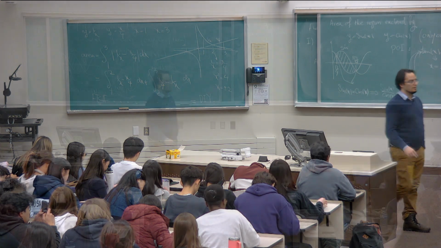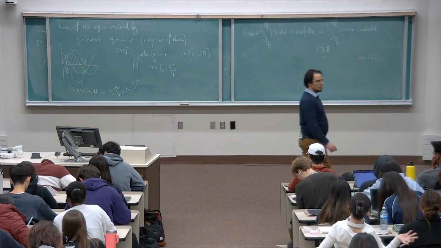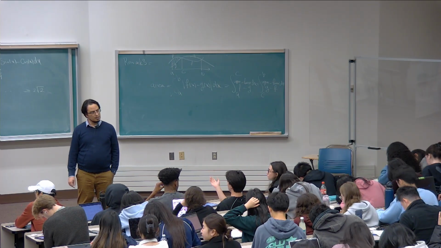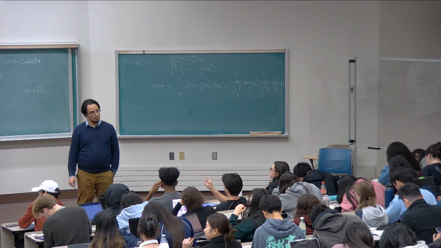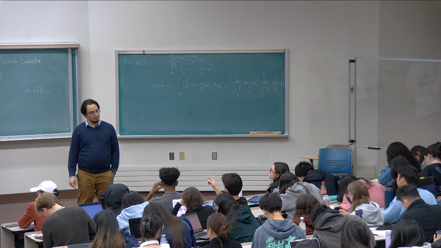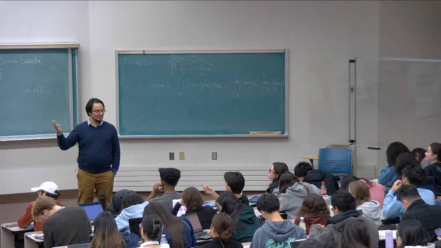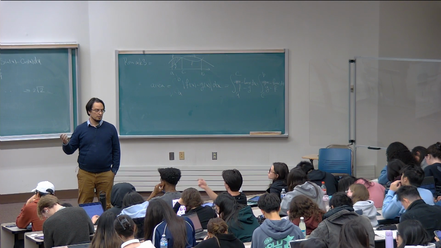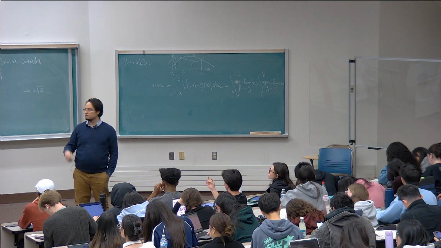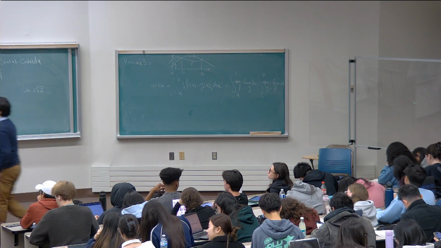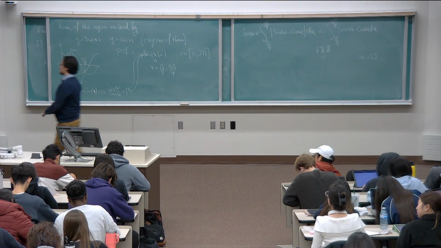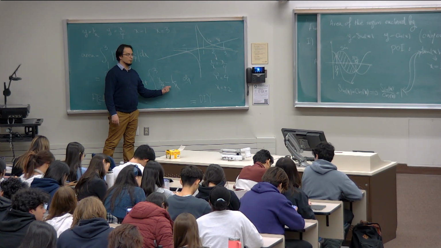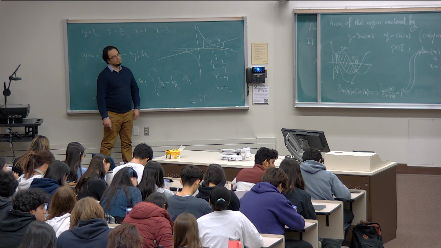Yes, please. Instead of swapping the order, can we put a negative sign, like with the absolute value? That's exactly what I'm doing there. Can I write a negative here and write 1 over x minus x over 4, like when you use the absolute value rule?